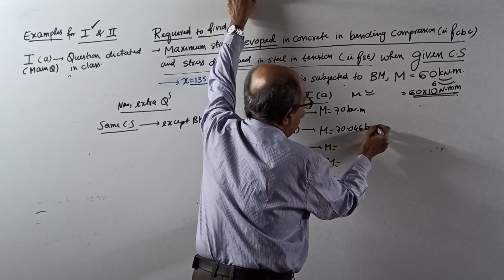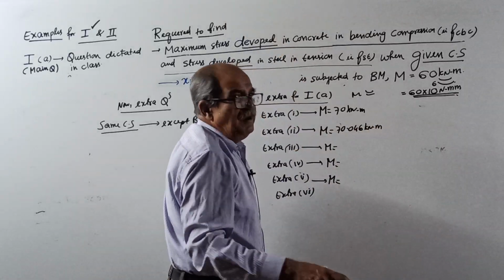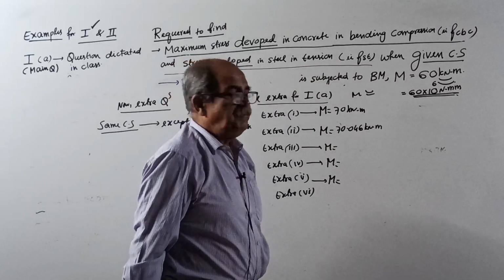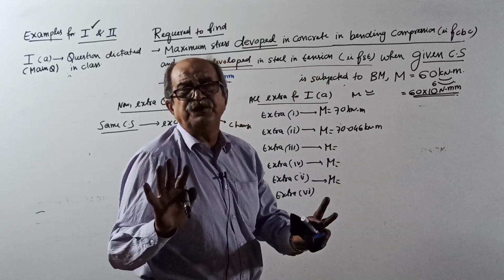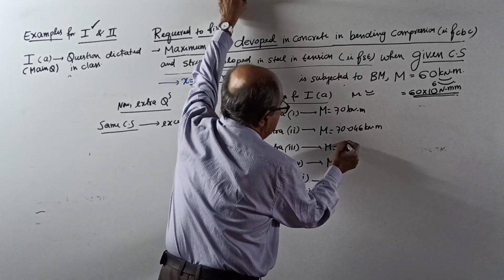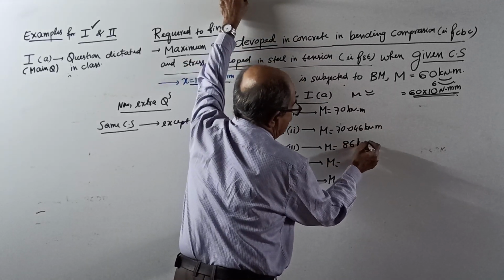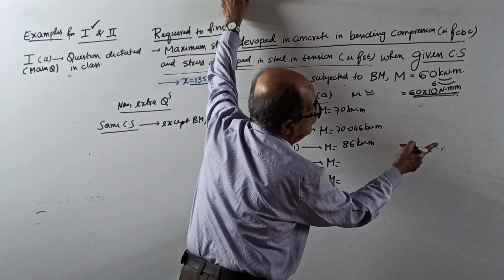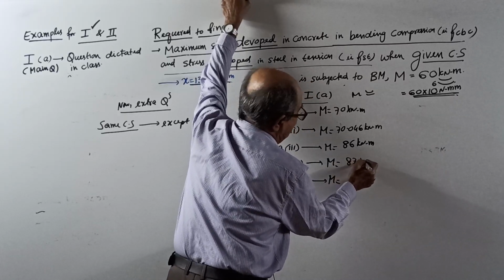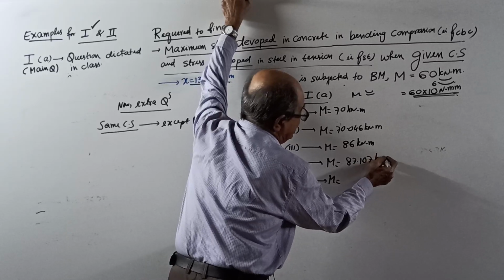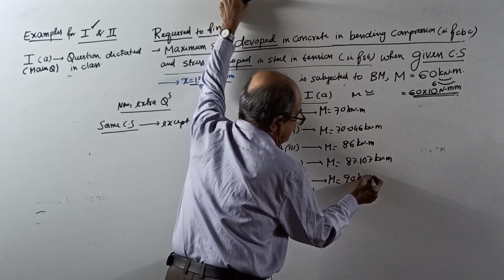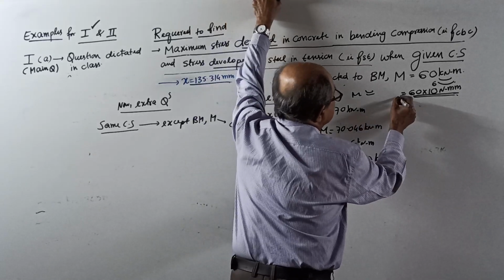Someone will wonder, how is that 70.046? Wait, right now I am giving you the question. Bending moment of 70.046. I will explain why I give that value. Next, 86 kilonewton meter. After that, 87.107. Again, some will ask, why the odd number? There is a reason for it, not time pass. Then 90 kilonewton meter. I will directly give the answer.